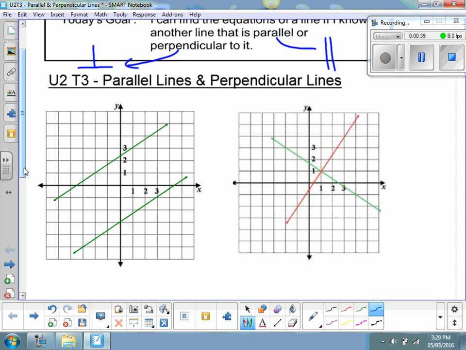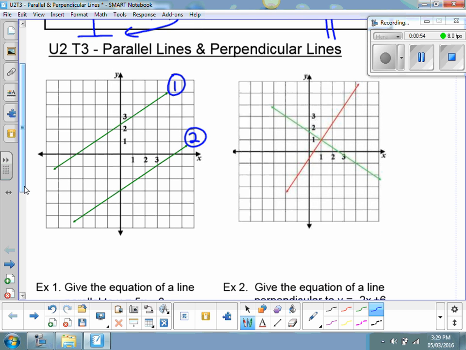So when we look at parallel and perpendicular lines, their slopes are certainly related to each other. So if I'm looking at this first graph, and I'll call that line 1 and that line 2. Okay, remember that slope is equal to rise over run.